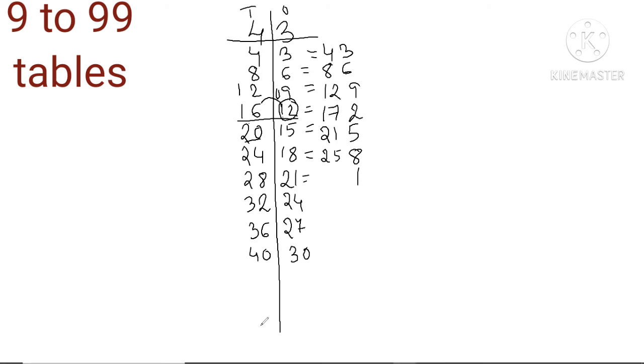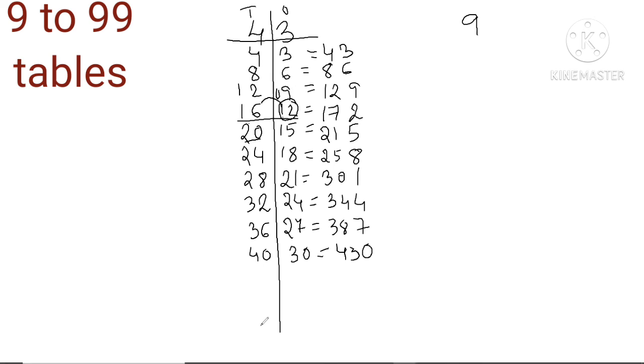Then 1, 28, 29, 30. 4 you write down as it is. 32 plus 2, that is 34. 7 you write down. 36 plus 2, that is 38. 0 you write down as it is. 40 plus 3, that is 43. So here is our 43's table. I hope it's very easy. Like this, you can do any table.